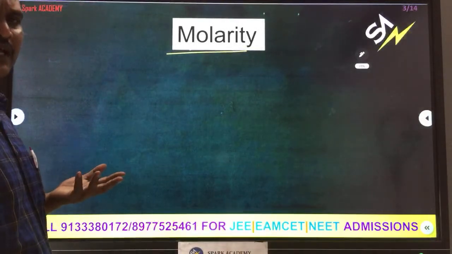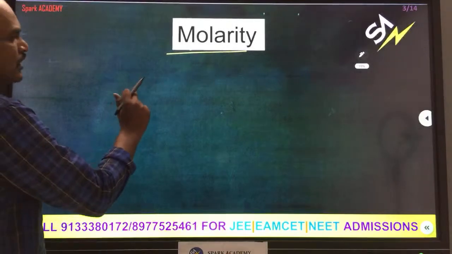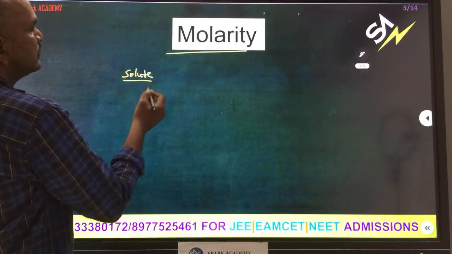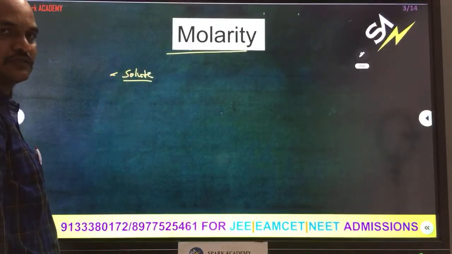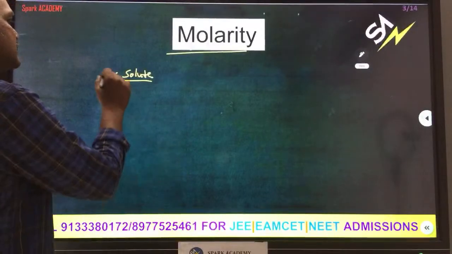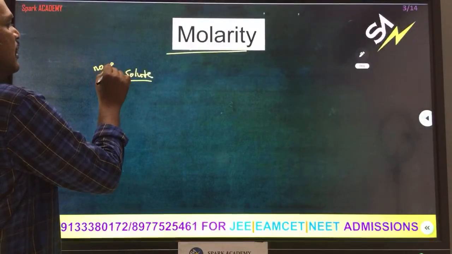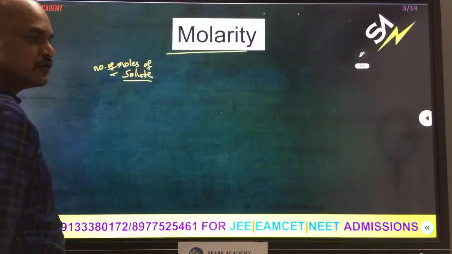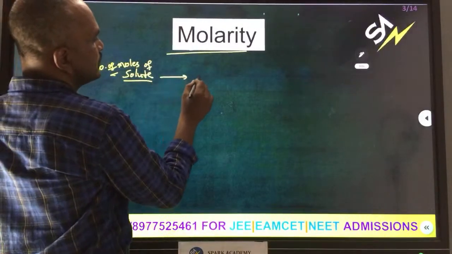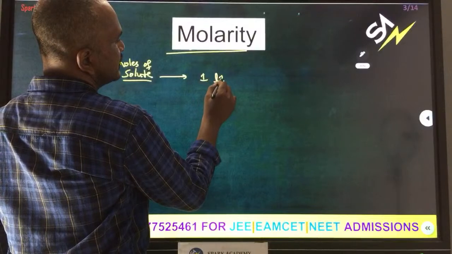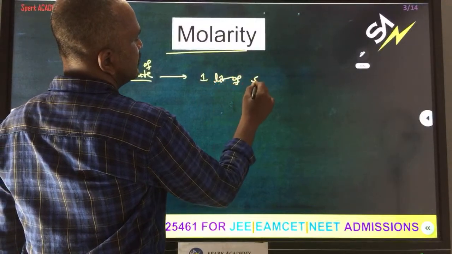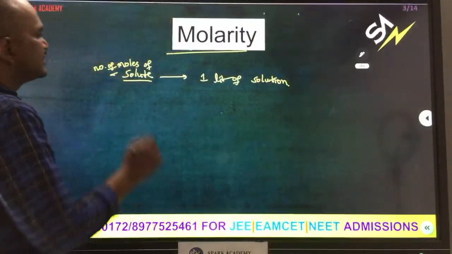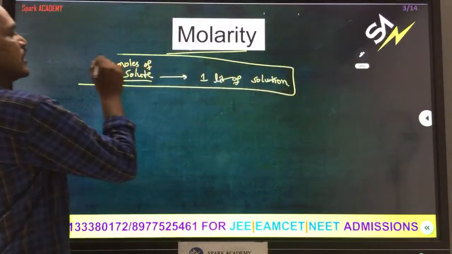As a definition, it is the number of moles of solute present in 1 liter of solution. Understood? So this is the definition of molarity.